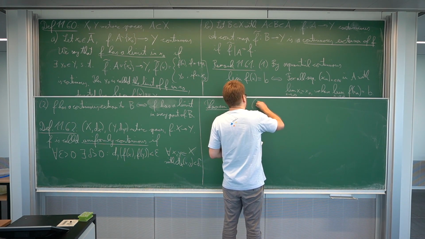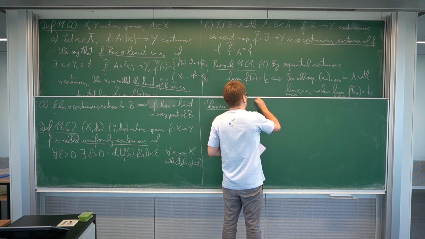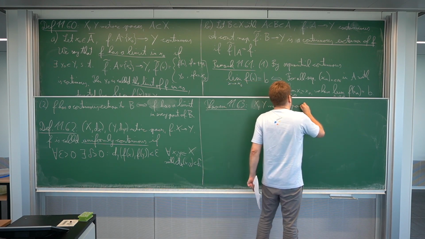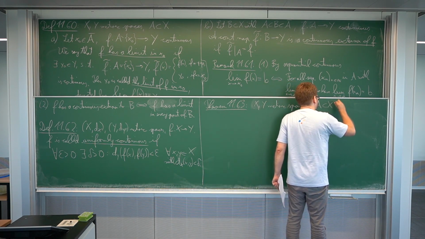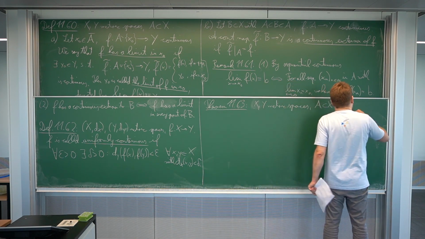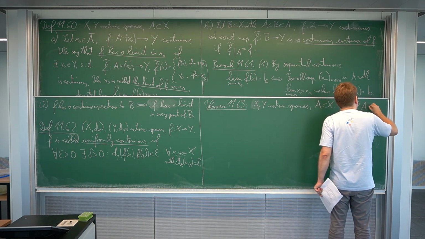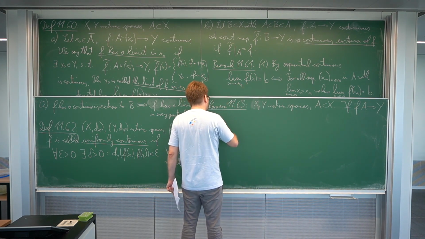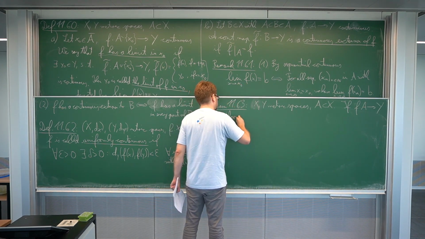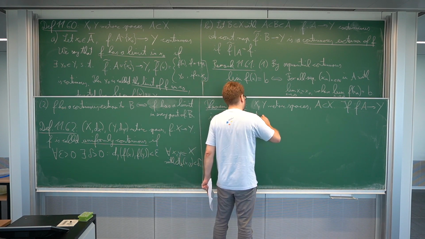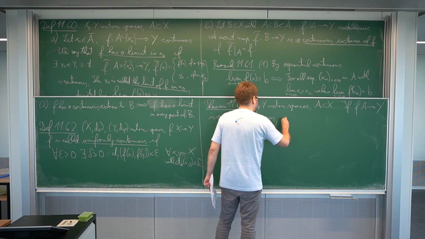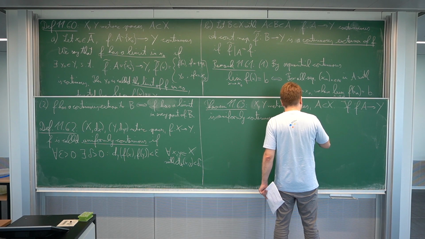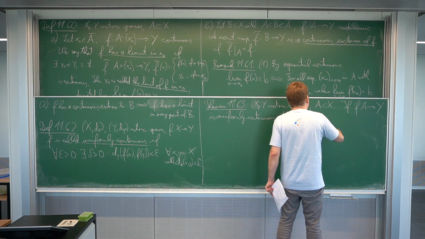Again, let's say X and Y are metric spaces, and we take a subset A of X. If a map f, which is now defined on A going to Y, is uniformly continuous, then it has a continuous extension.